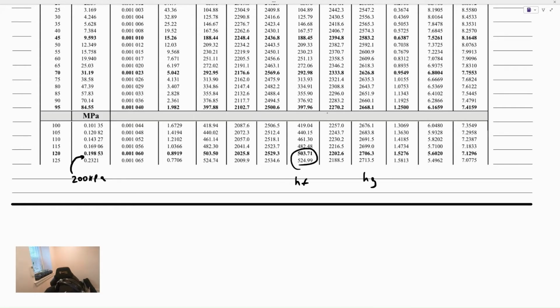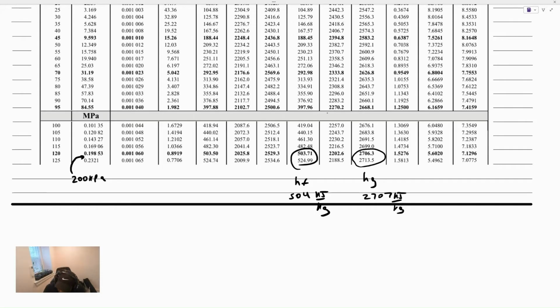I'd interpolate between these values here at that given pressure. But what I know is that 200 kPa is much closer to 198 kPa compared to 232 kPa. So I'm going to assume my HF is around 504 and my HG is around 2707.